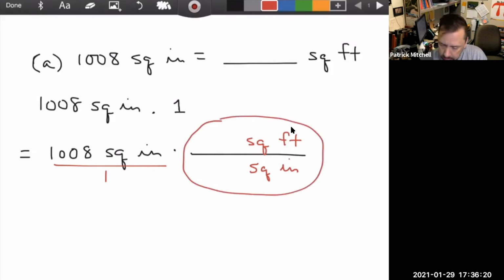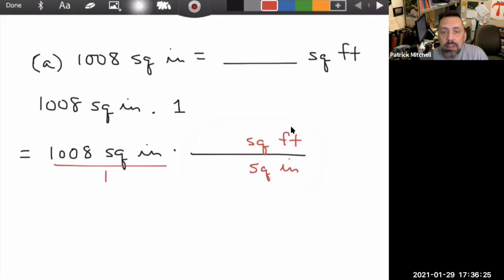I'm going to take away that circle now. And the way that I'm going to do that is referring back to the last slide. Remember, we saw that there are 144 square inches in 1 square foot. So because those two measurements are equal, that makes that second rational expression equal 1.